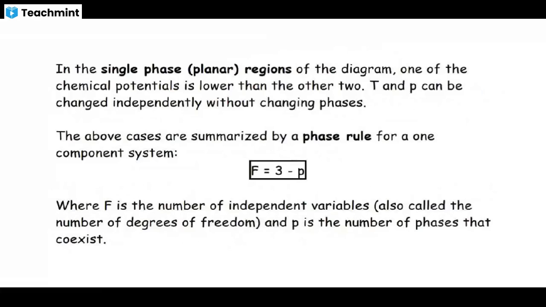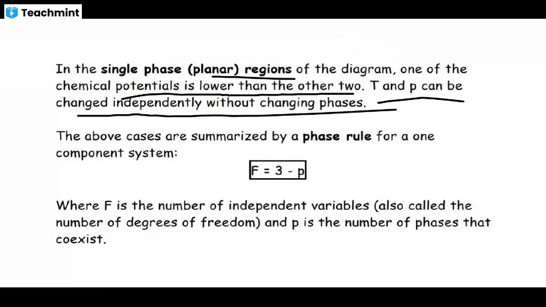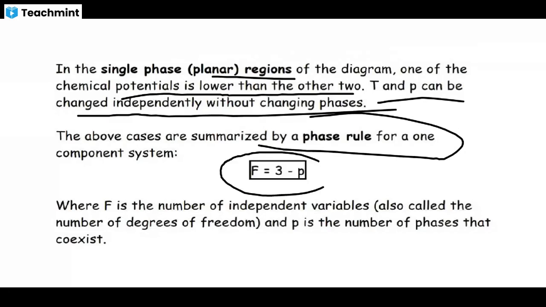The pressure and temperature can be changed independently without changing the phase. The phase rule is F equals 3 minus P for a one component system. F is the number of independent variables, also called the number of degrees of freedom. P is the number of phases. So when three phases are there at the triple point, three phases coexist with each other.